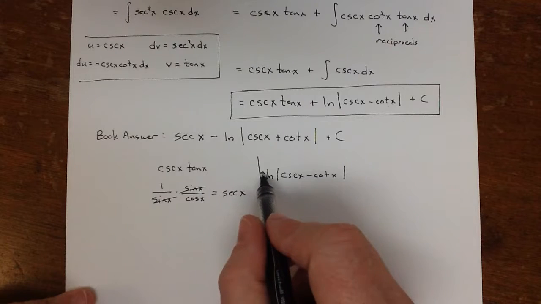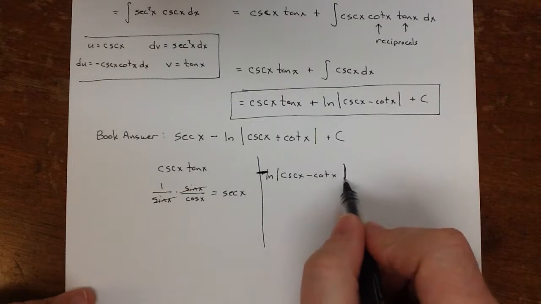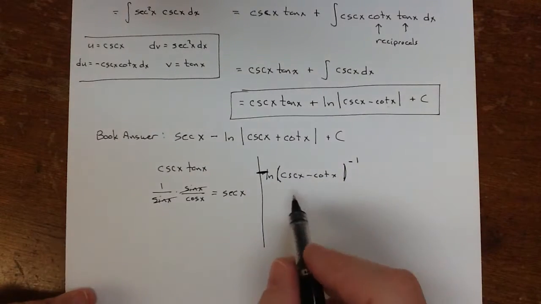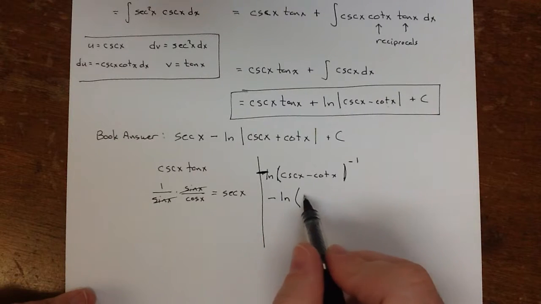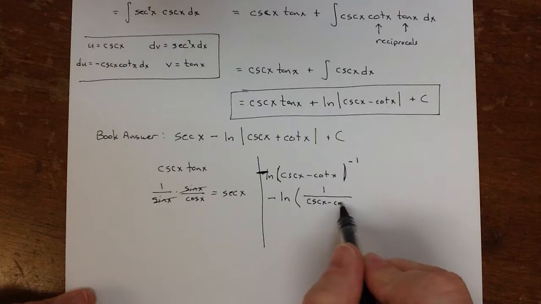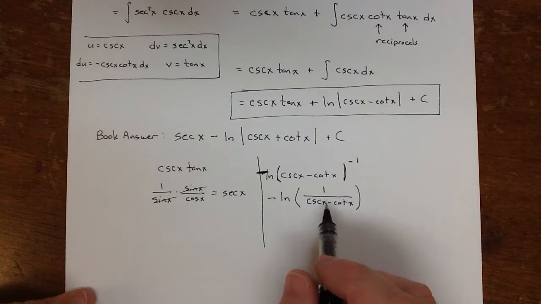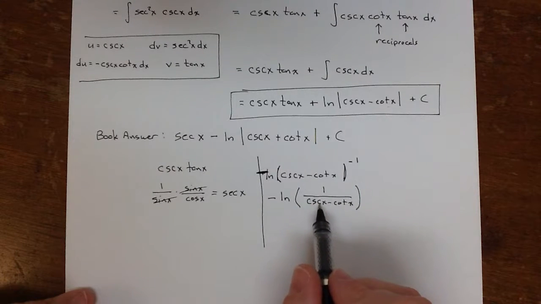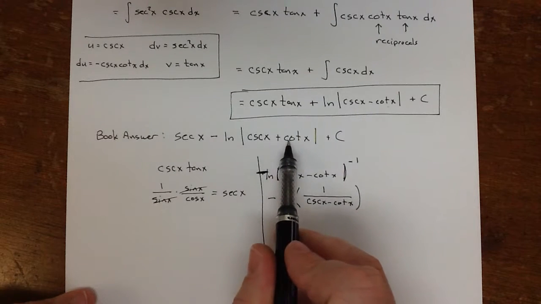If I made this negative, that would change this thing to the -1. So in other words, I could rewrite this as minus natural log of 1 over cosecant x minus cotan x. And now I need to try to show that 1 over cosecant x minus cotan x is the same as cosecant x plus cotan x.